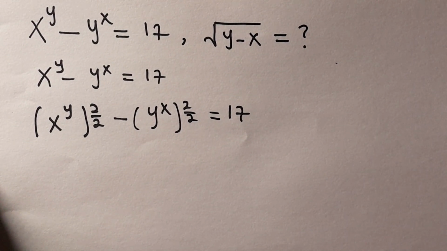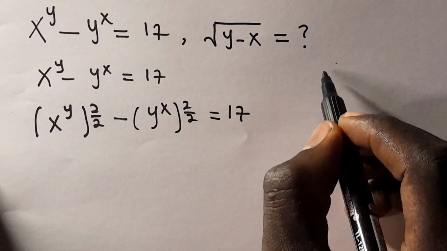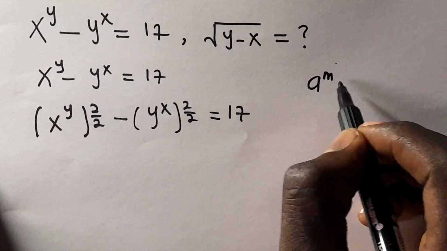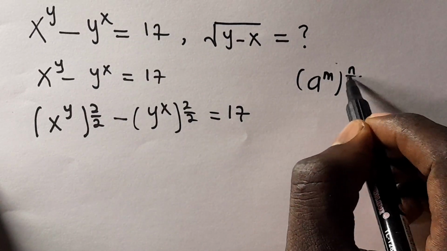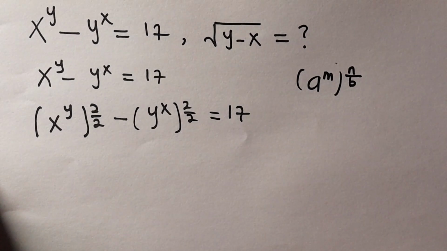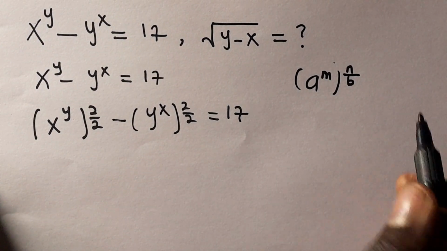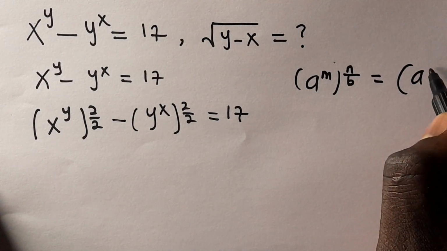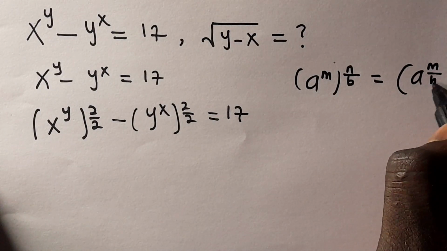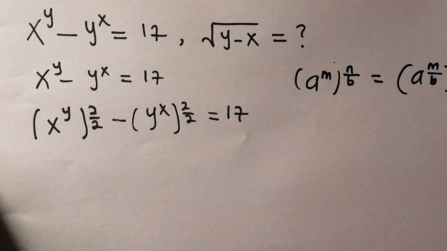So from here, we believe that when we have a raised to power m raised to power n divided by b, we can have this to be equals a raised to power m divided by b raised to power n.